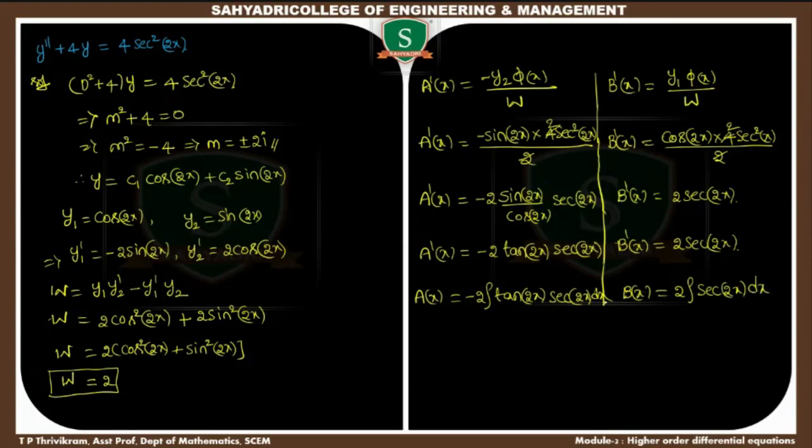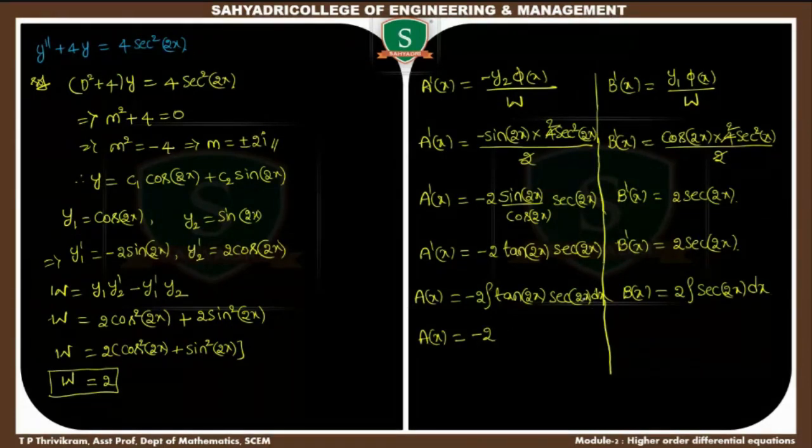Fine. Now a of x is equal to, what is the integration of tan x into secant x? Secant x. So secant 2x divided by 2, plus k1 you can write.